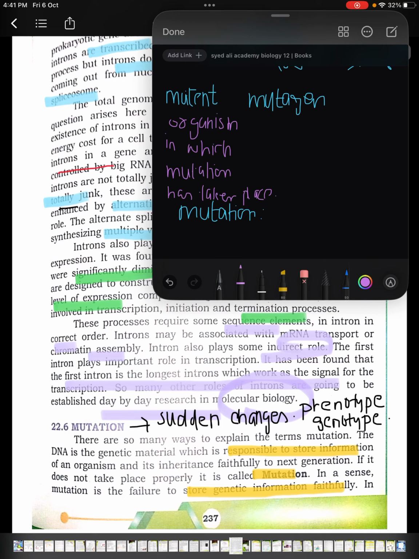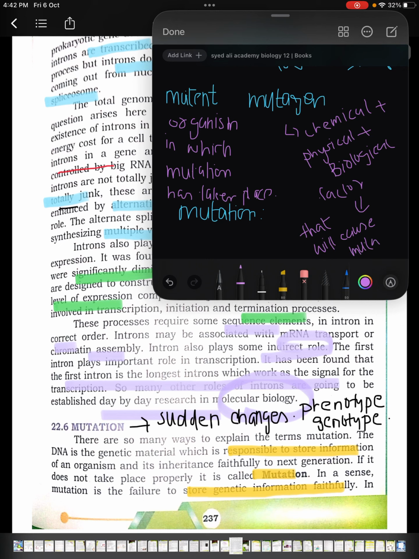Now what is mutagen? Basically the chemical factor, physical factor, or biological factor that will cause mutation, that is basically known as mutagen.